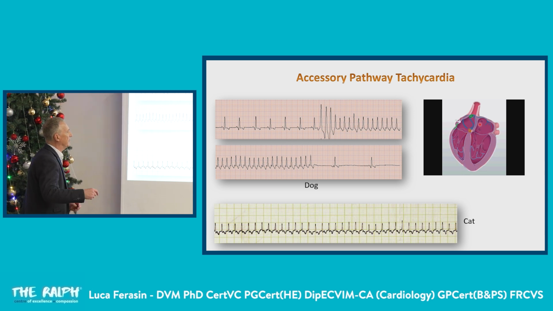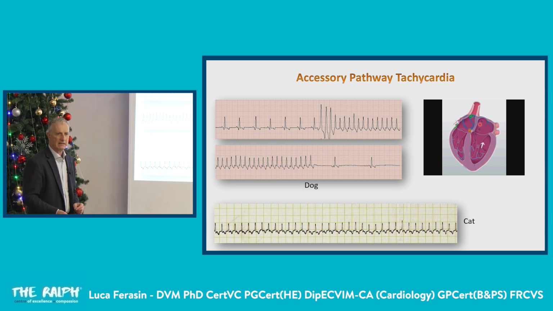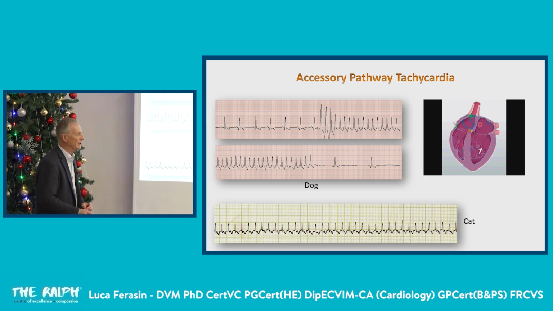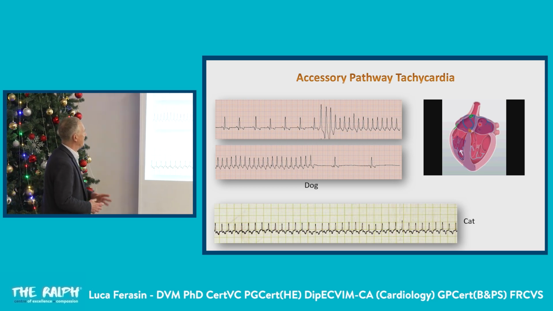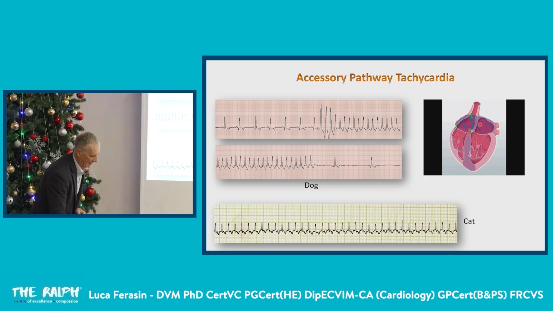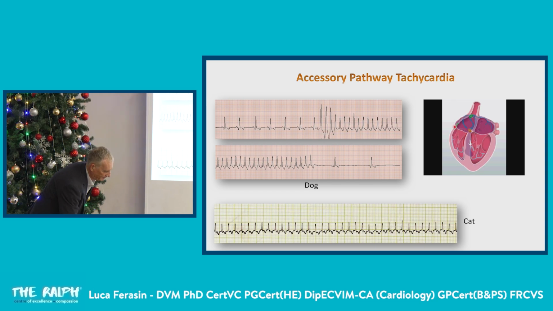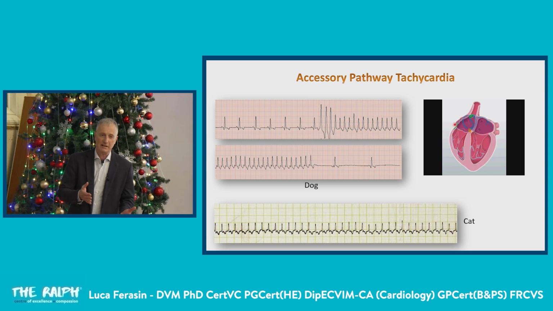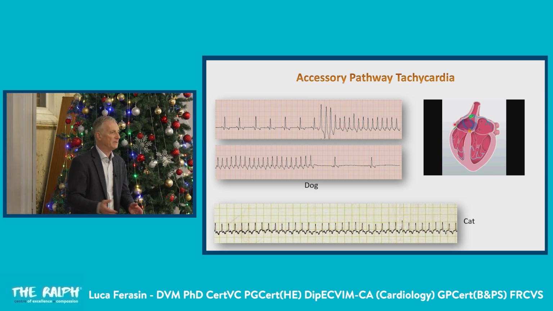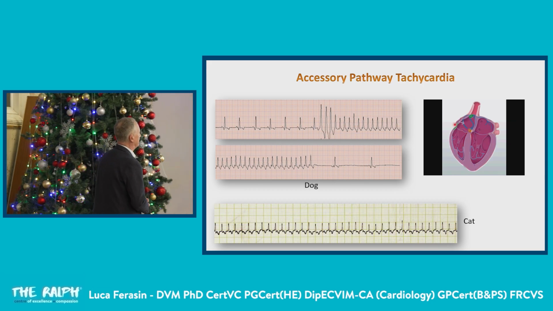And by doing that, it will reignite another cycle in the atrium. And it can be very rapid, like in this case. The sudden onset and sudden offset is because this one can switch on and off depending on the refractoriness or excitability, which is often heart rate dependent.